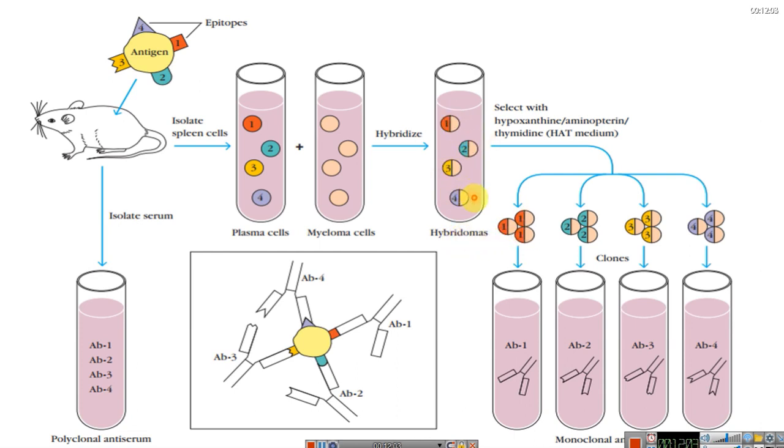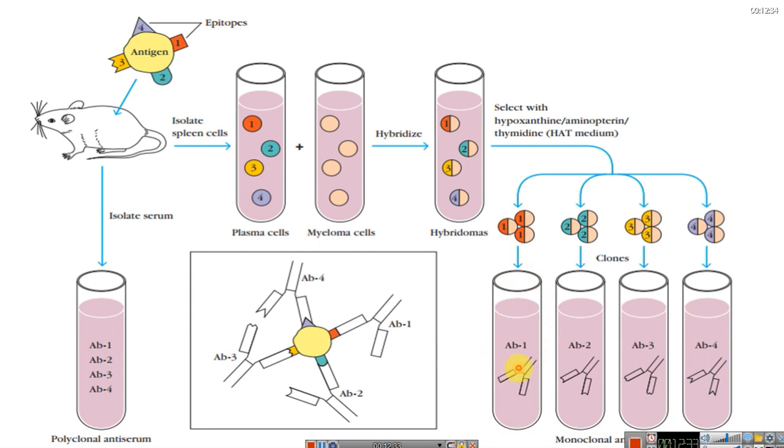Today we have that technique, which is nothing but a simple HAT medium that allows the selection of these hybridomas. And then all these four clones are separated and cloned and produced in different vials or different vessels, right?